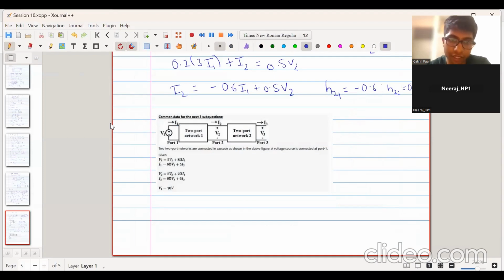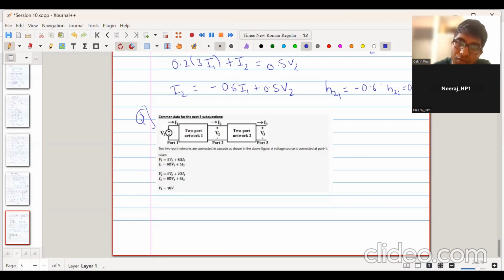So this is the question we have. We have the relation V1 is equal to 5 into V2 plus 8 I2 and I1 is equal to 6 into V2 plus 5 I2. Similarly, V2 and I2 also in terms of V3 and I3. Now we want to find the total relation.